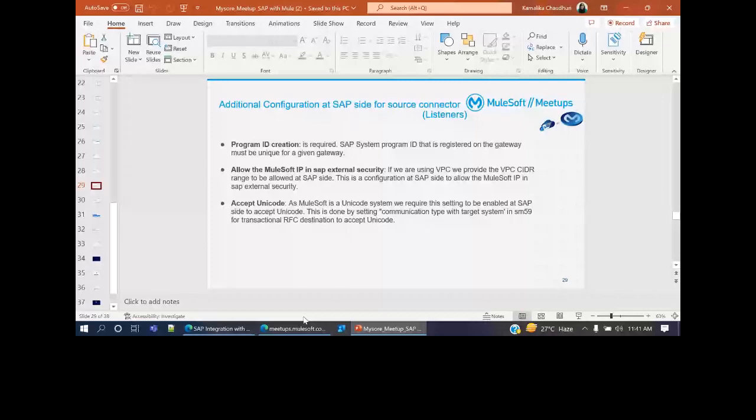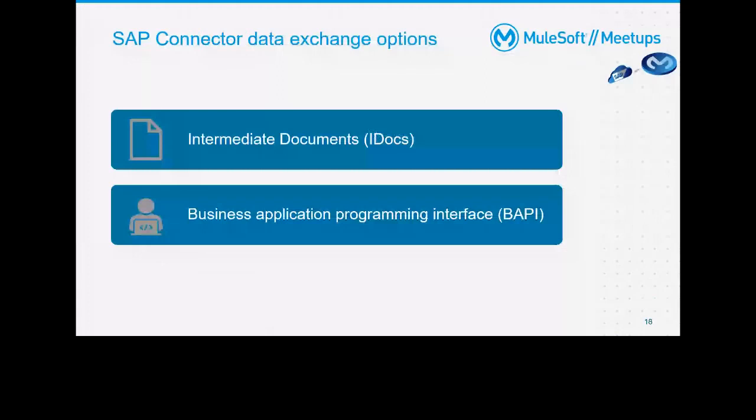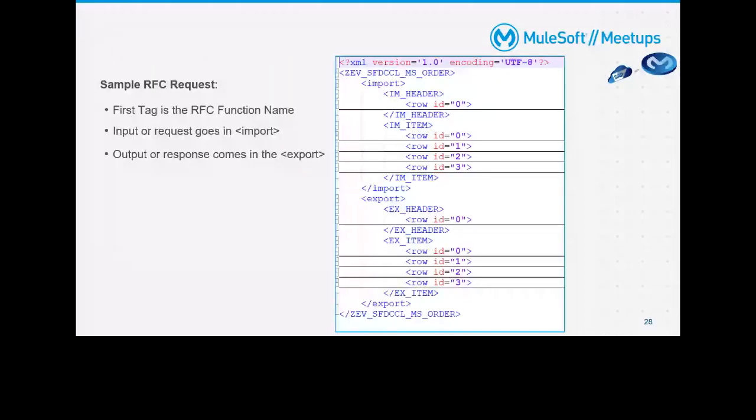So what we have done, we have grouped these: sales order related interfaces, we create one program ID. Master data, we create another program ID. If you can stay on the document listener slide, Kamalika.